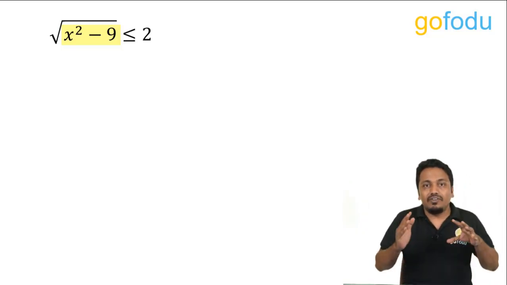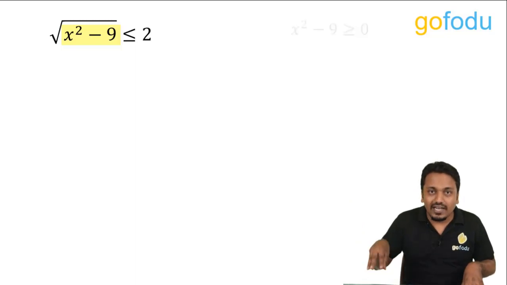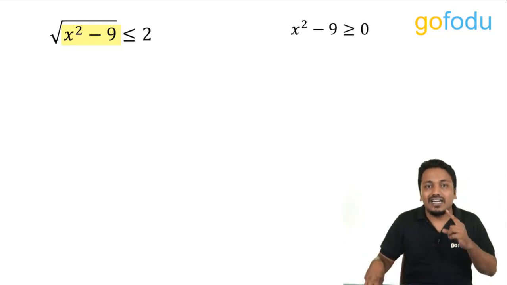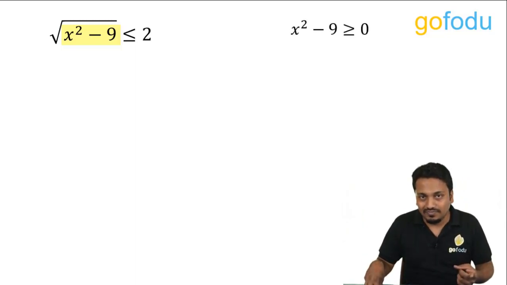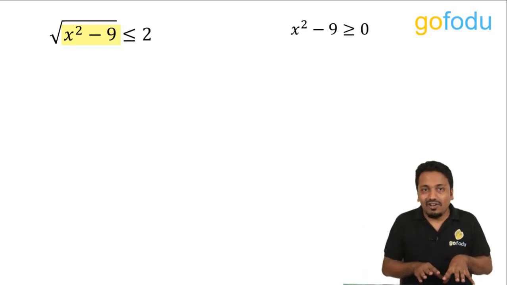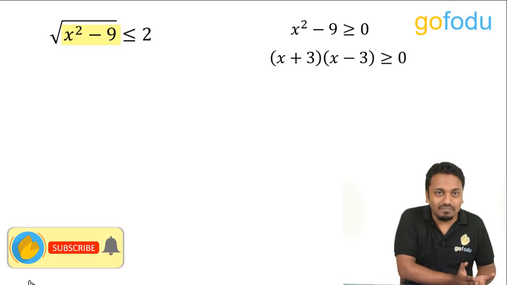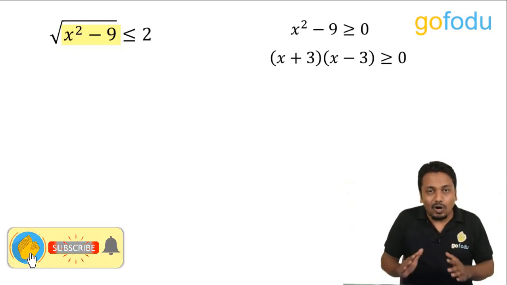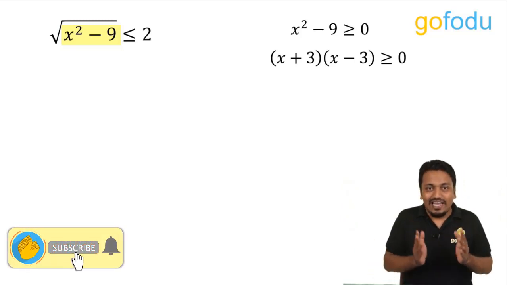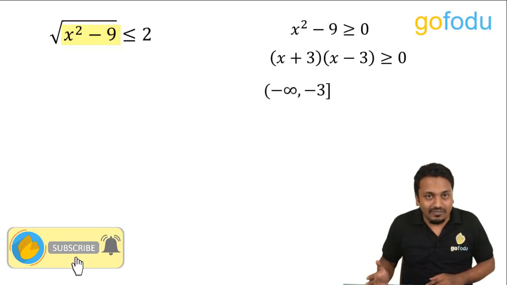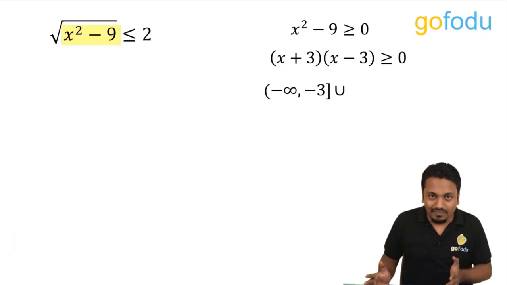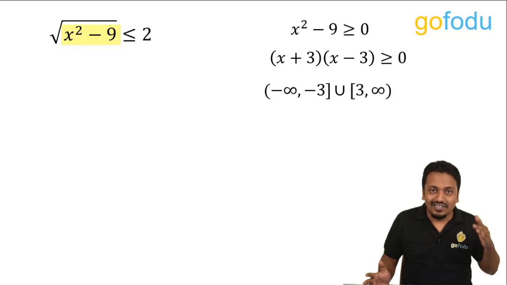So first thing that we will do is make sure that x square minus 9 is greater than or equal to 0. Quadratic inequality, x plus 3 into x minus 3 is greater than or equal to 0. This will be positive outside the roots. So x could be from minus infinity to minus 3 included, union 3 to infinity.